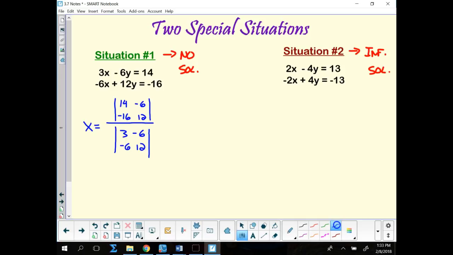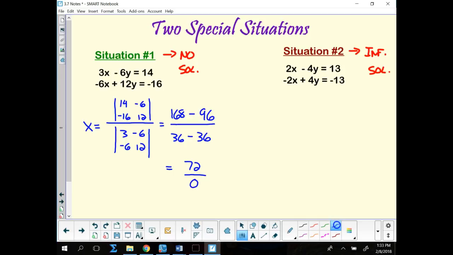If I do this math, that's going to give me 14 times 12 is 168 minus -16 times -6 is positive 96, all over 3 times 12 is 36 minus 6 times 6 is 36. Does anybody see an issue? The denominator is 0. So here we would get that x is equal to 72 over 0.